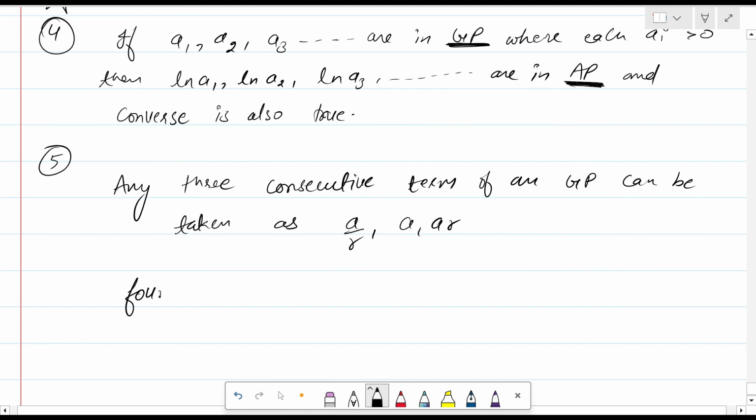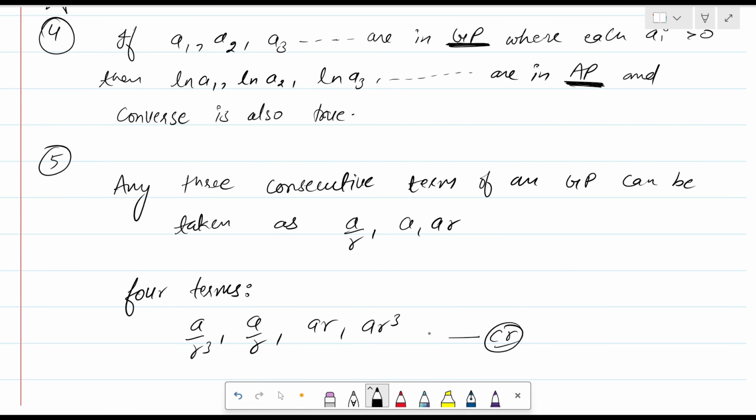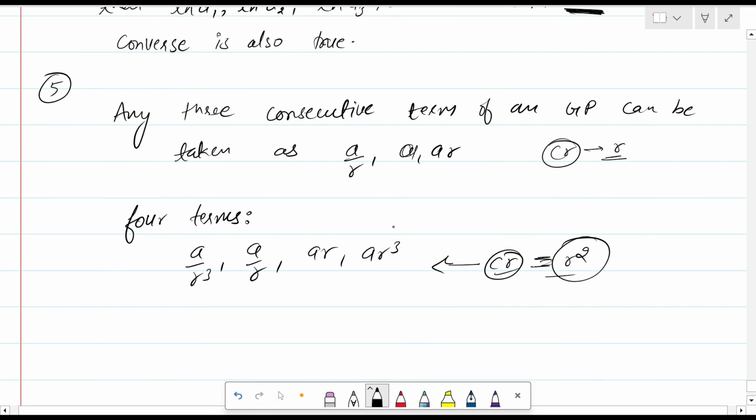If we multiply these terms, it will be A cube. And for four terms, we take A upon R cube, A upon R, AR, AR cube. For this, what will be the common ratio? It will be R square. Remember this, the common ratio is not R for this GP, it will be R square. And the common ratio for the three-term GP is only R. We can clearly see that. Okay.